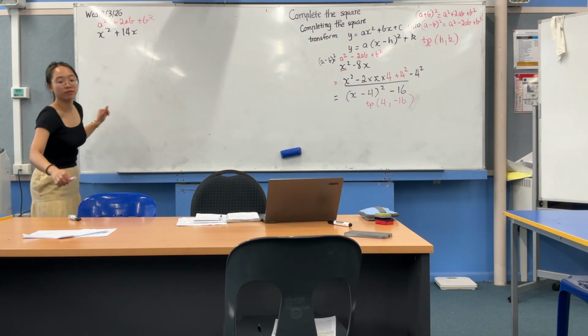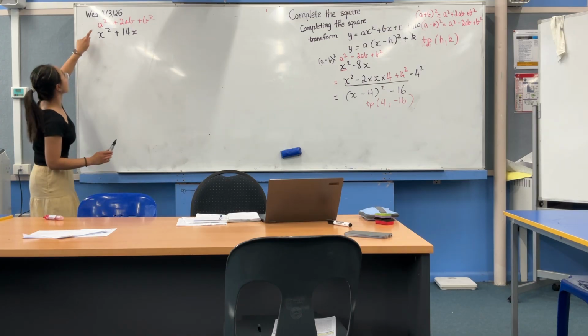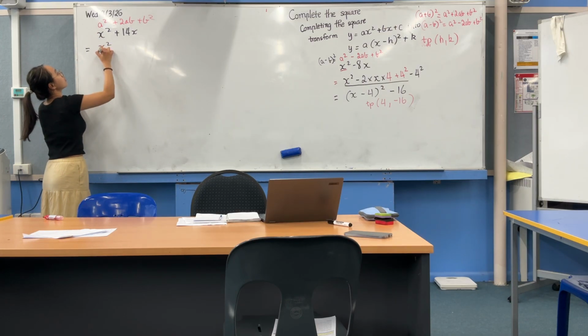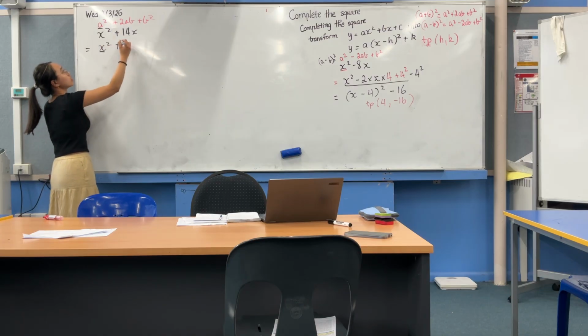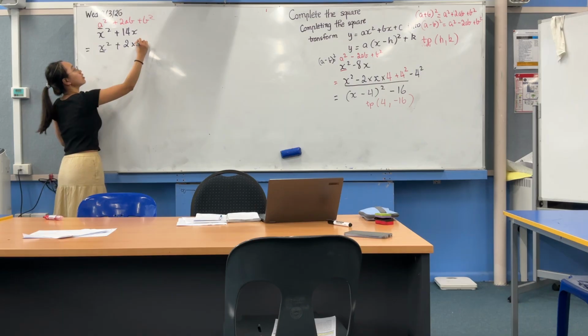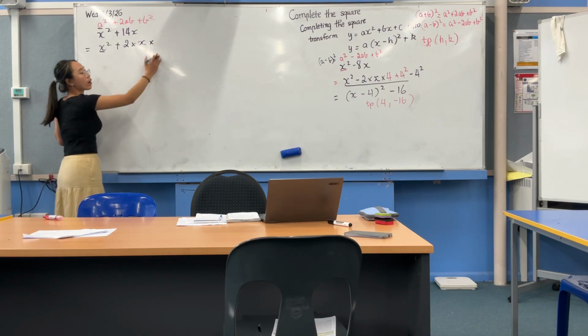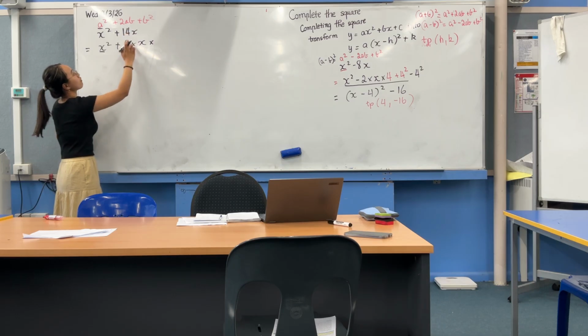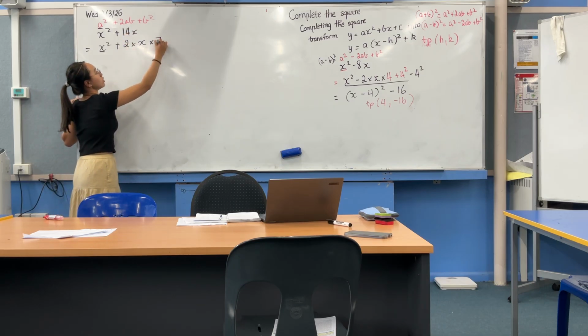It's in this perfect square form. Now I'm going to follow exactly this form. x squared, x is going to be my a, plus 2 times x times, now we need to look for b. b is going to be equal to 14 divided by 2, which is 7.